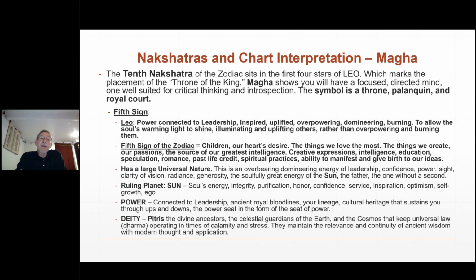So when we look at it as the fifth sign, it's related to those things that are like fifth house energies. Like you notice the lion cares very much for its pride. So here as the fifth sign, we see heart's desire.